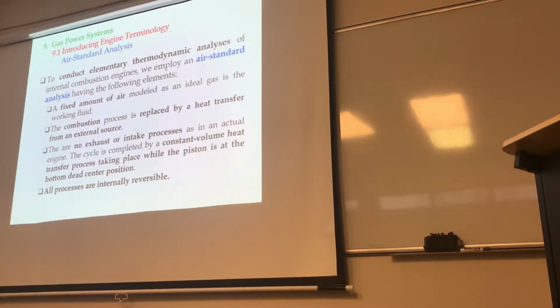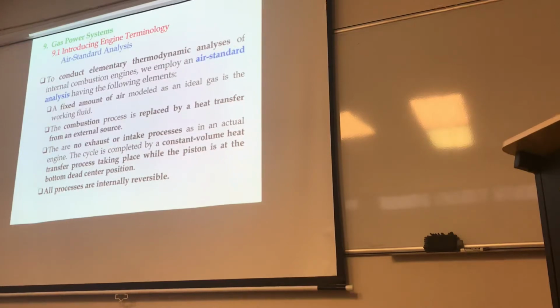Now, when you make an assumption like that, you have to ignore the details of the combustion, because the moment you go through one cycle, you cannot combust anymore if you don't get any fresh charge. So we replace the word combustion by just heat addition.